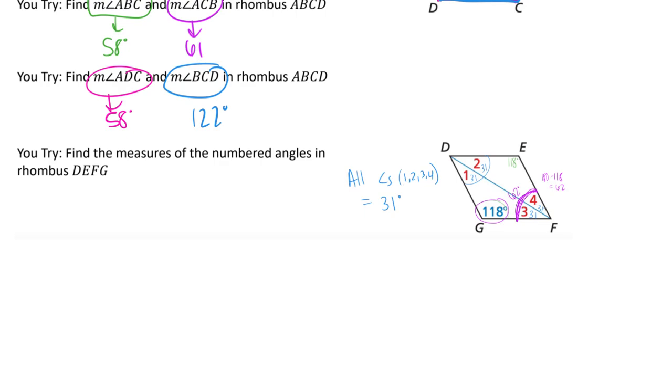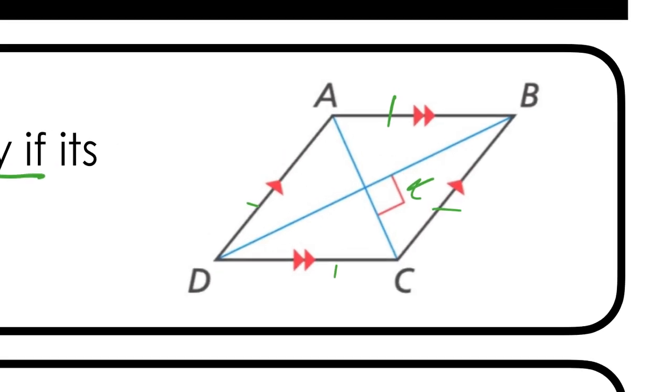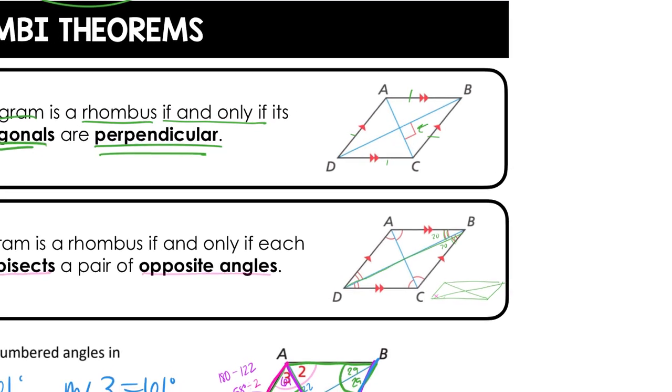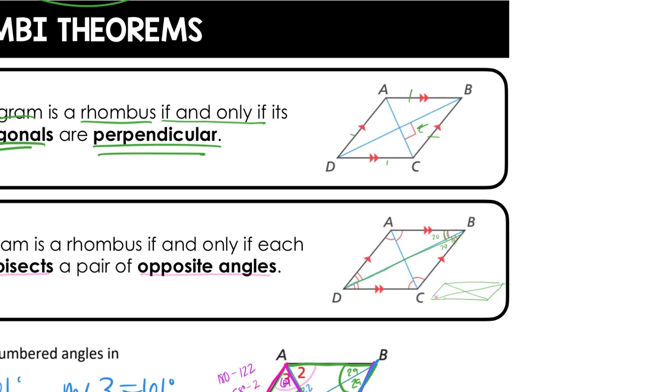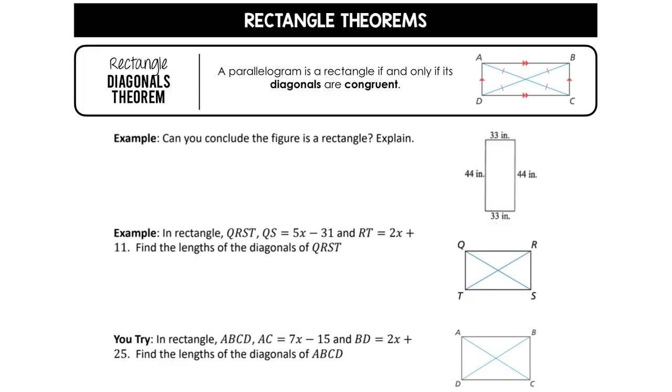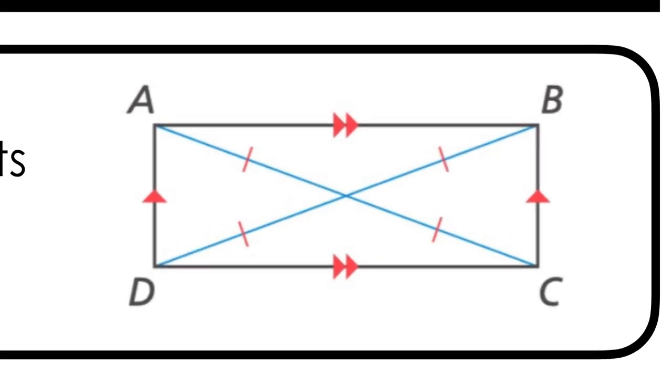In a rhombus, the diagonals will be perpendicular. Now, this theorem is specific to rectangles only, and it's also about the diagonals, right? In rhombuses, the diagonals are perpendicular. That's what we learned about a rhombus. In rectangles, they are not going to be perpendicular. You can kind of tell just by looking at this, like this definitely does not look like a right angle.